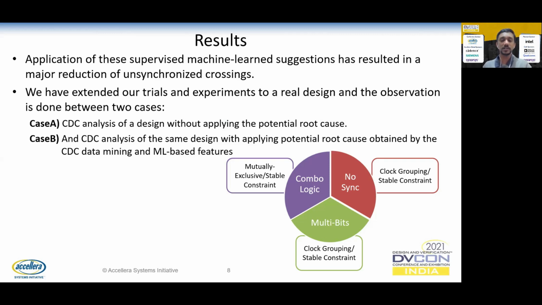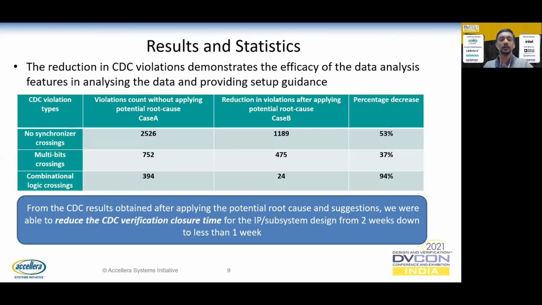The combo logic crossings are impacted by the mutually exclusive or stable constraints. The no synchronizer and multi-bit crossings are impacted by the clock grouping and stable constraints. So, results and statistics for case A and case B analysis of the same design as we discussed previously.